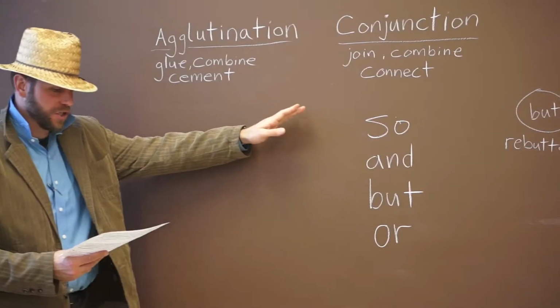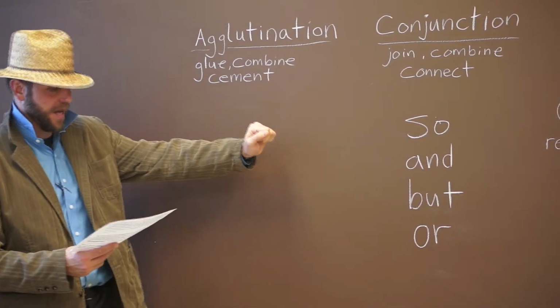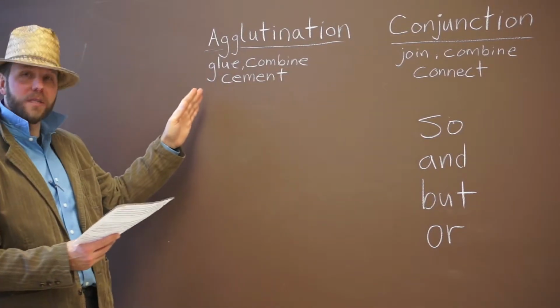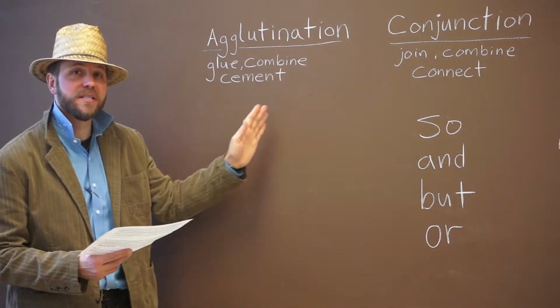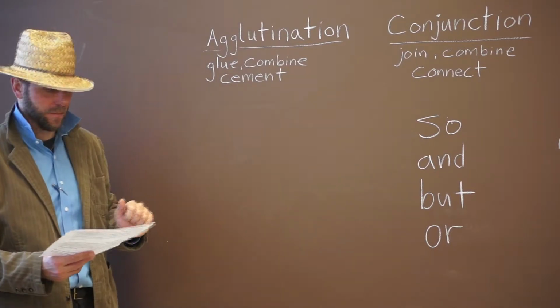Conjunctions function as neutral spaces between parts of sentences, and therefore conjuncting the way we do and agglutinating using the schwa is the same process. Not much different.